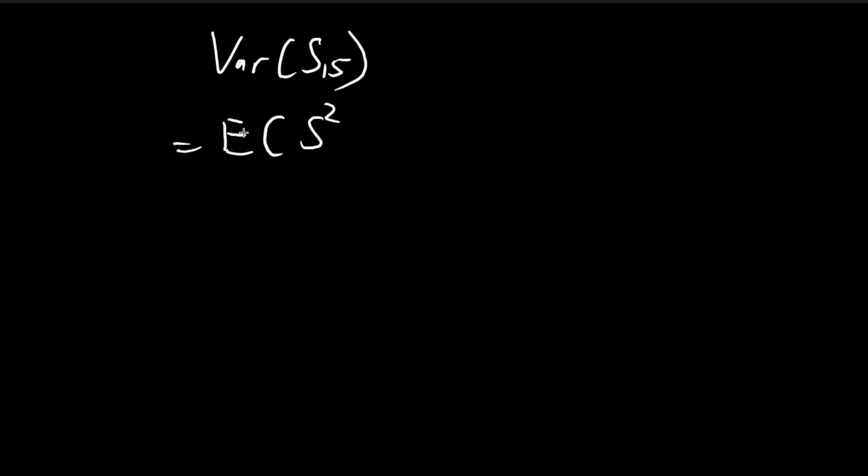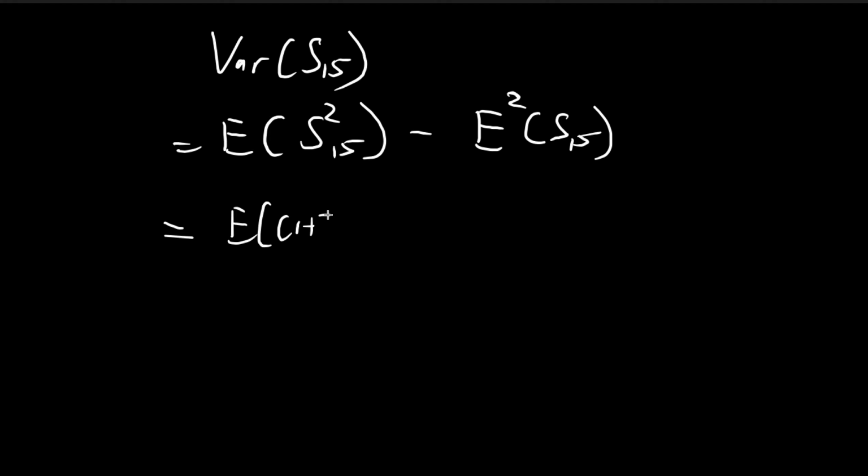So the second thing we need to do now is to find the variance of S15. As you know, this is equal to the expected value of the square of the random variable minus the square of the expected value of the random variable. This sounds confusing in words, but this is what it is. So we're going to do something really similar to what we did before.